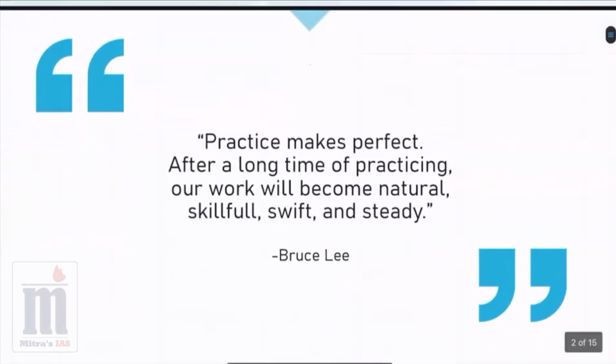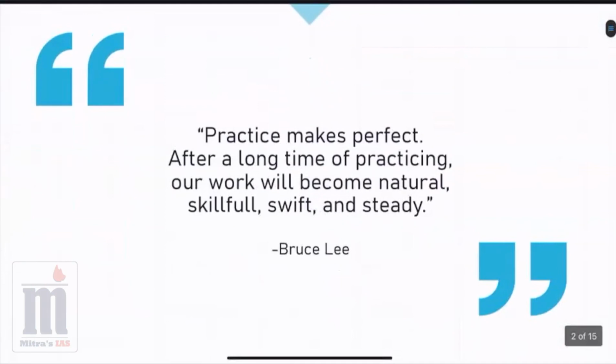First I'll start with a quote: Practice makes perfect. After a long time of practicing, our work will become natural, skillful, swift, and steady. For mains, what is most important is answer writing practice. In a stressful condition, in the end, you won't be able to understand the question if you have not practiced answer writing well.